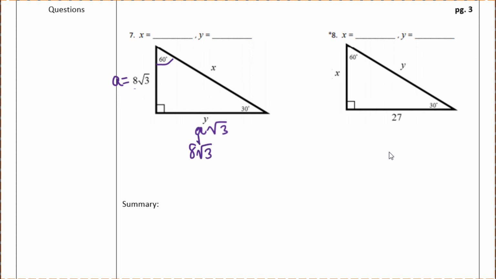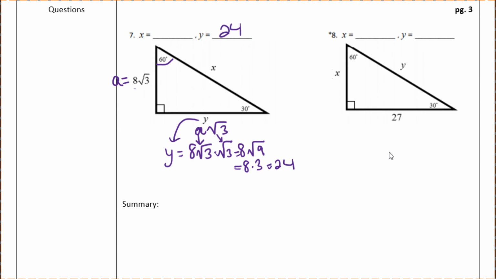That's my a, and then we need to times it by another square root of 3 because of this guy. And that's your y right there. So square root of 3 times square root of 3 is square root of 9. Square root of 9 is 3, so 8 times 3 is 24. So y is 24.